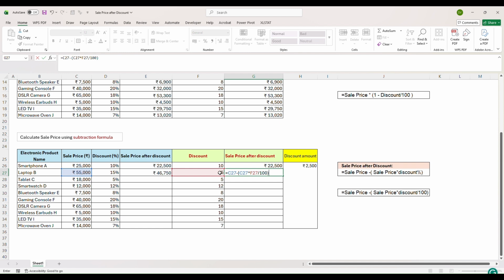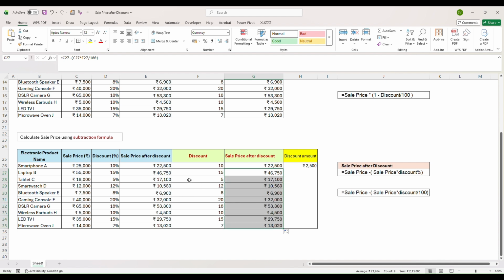Close the parenthesis and enter. So we are getting the same result in both ways. Let's copy down the formula, and here also let's copy down the formula. The one thing that you have to remember is whether the cell has been formatted as a percentage, or if it is not formatted, you have to divide it by 100.